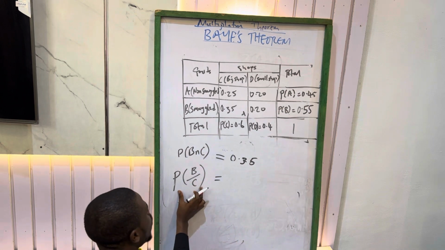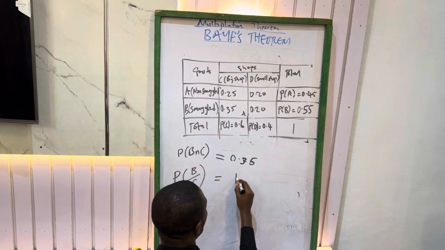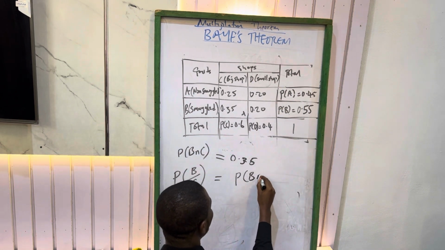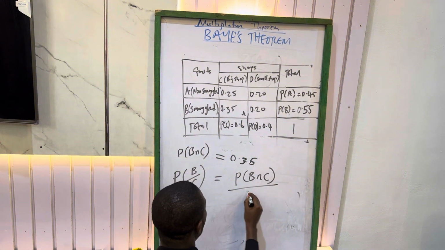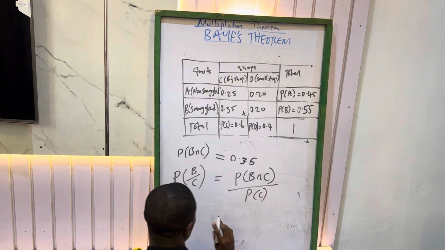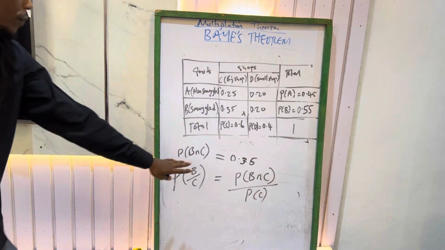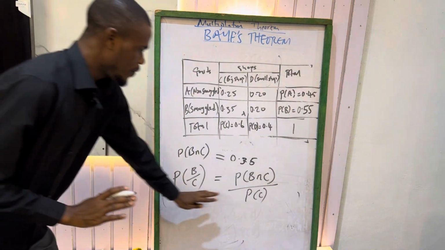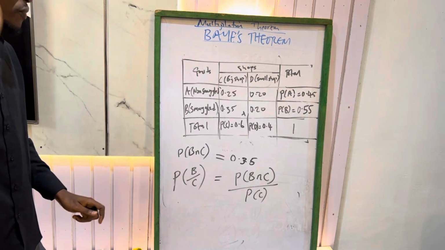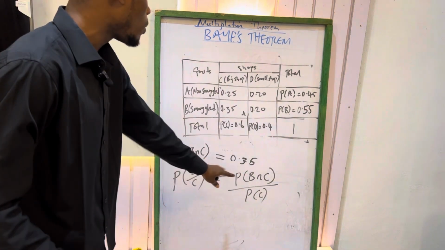You know this one can also be written as probability of B intersect C all over probability of C. Confirm with me that I'm right. If you are following from the very start of multiplicative probability, you can get this.